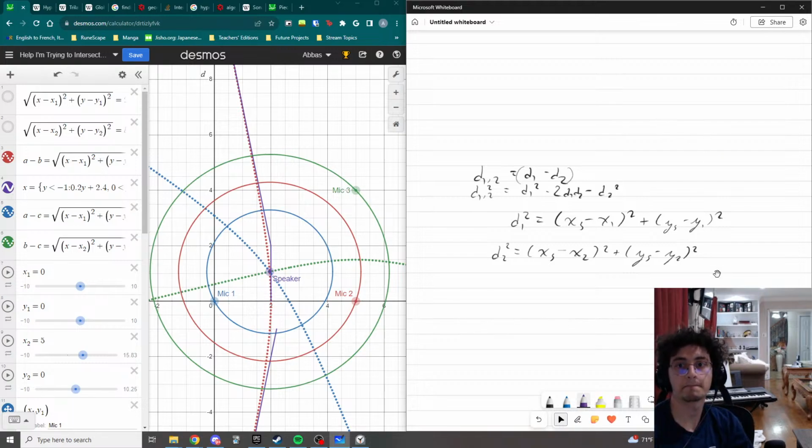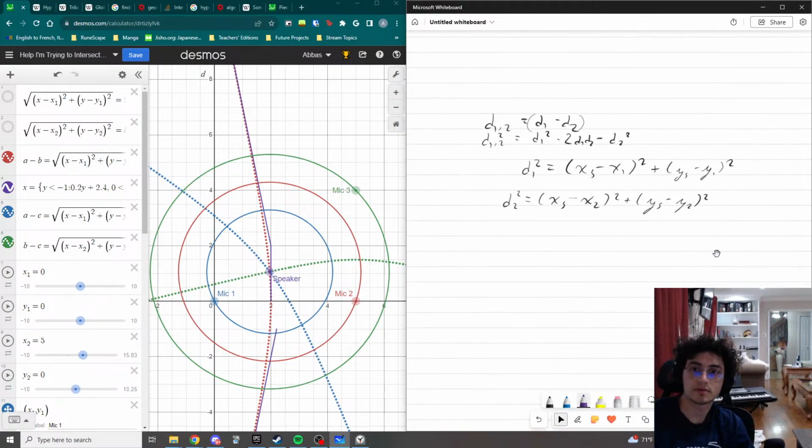Let's try that. So if I do d1 comma 2, no. I think my notation is also not that great, to be honest, because d1 comma 2 could mean multiple things.